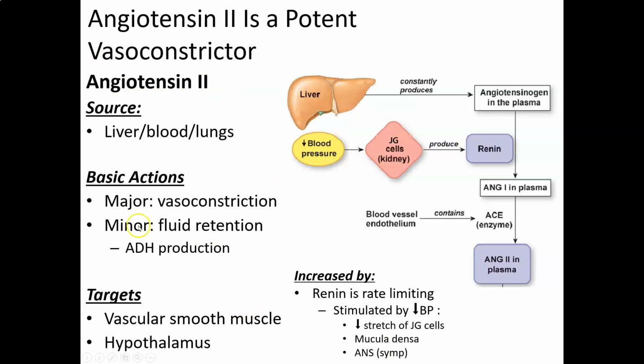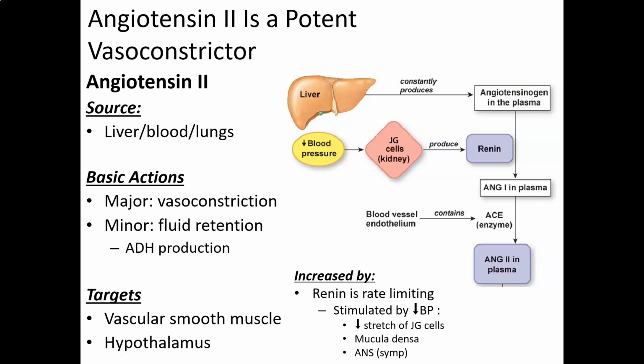So what's the source? Notice we see multiple sources of these. We'll look at it this way. The first one you see is liver. So if we come over here in the figure, we'll see liver. And the liver is constantly producing this precursor of angiotensin II that is sometimes called angiotensinogen. If it's got the word ogen at the end, it means it's an inactive form.